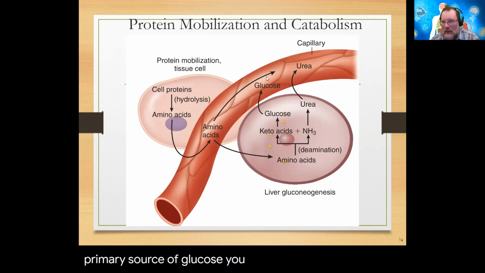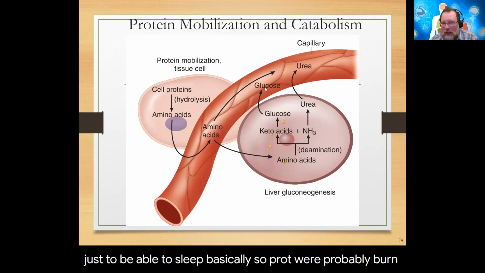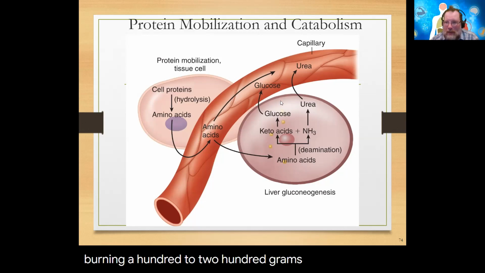You need 70 grams of glucose per hour, minimally, just to be able to function, just to be able to sleep, basically. So we're probably burning 100 to 200 grams, maybe, an hour. So it's coming from storage units, glycogenolysis from stored glucose. We can store about 70 grams of glucose in the liver.